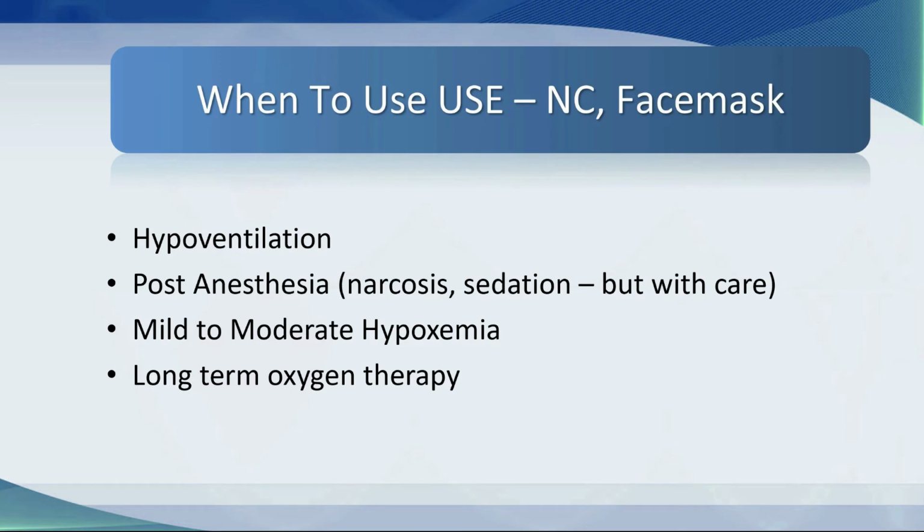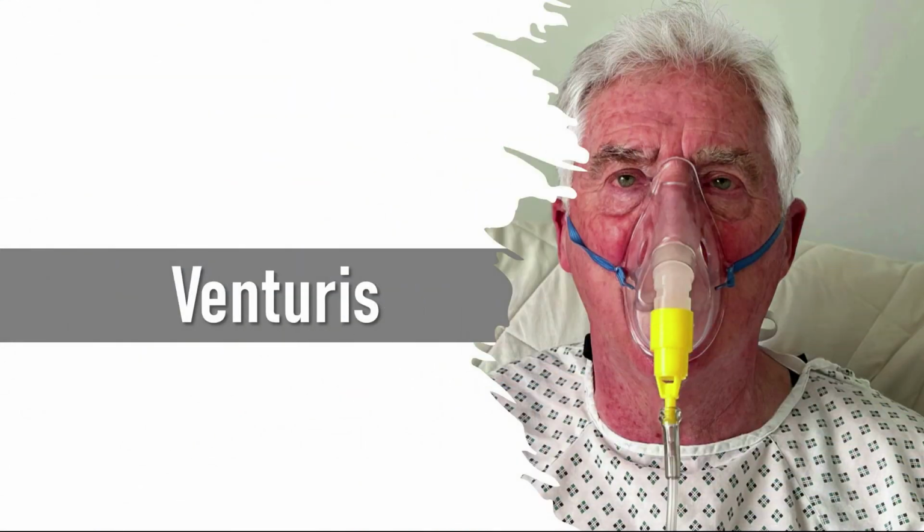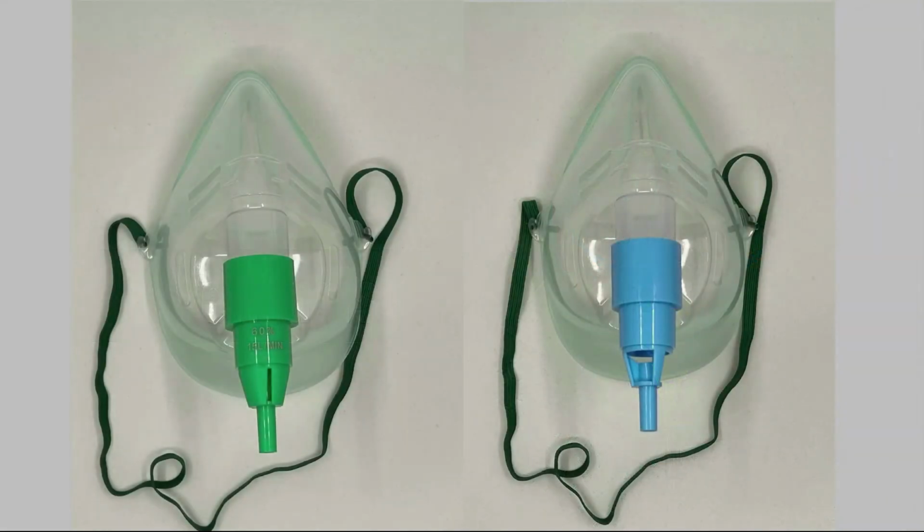Let's move on to fixed performance devices, the first of which are Venturis. What makes these masks different to simple face masks that we've already discussed are the conical shaped devices that are attached between the fresh gas flow tubing and the face mask, and these are known as Venturis.